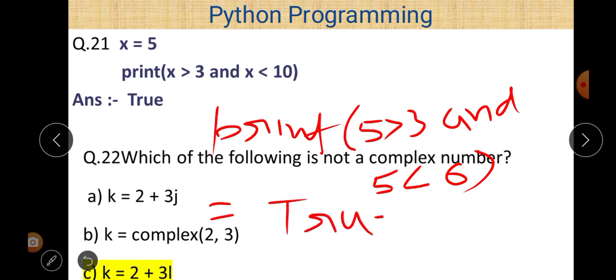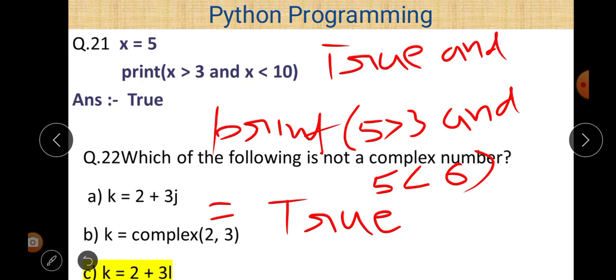And why is it so? It is because we know that 5 greater than 3 is true, and there is a sign of AND, next expression is 5 is less than 6, which is also true. So when two or more statements which have value true are separated with AND operators, then our answer should be true.